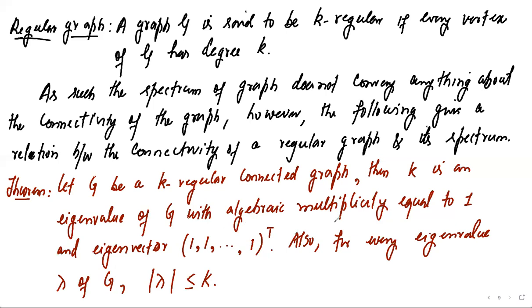So therefore, for a k-regular connected graph, k is an eigenvalue exactly once, and the corresponding eigenvector is the n-tuple of ones. And for all the eigenvalues of this k-regular connected graph G, mod of lambda is always less than or equal to k. That means all the eigenvalues are bounded by k.